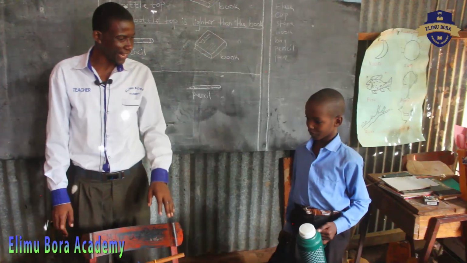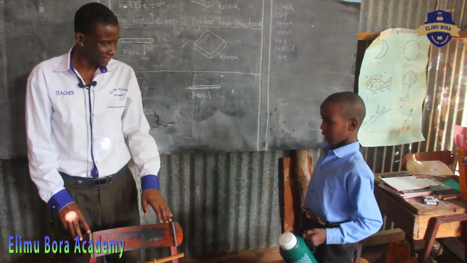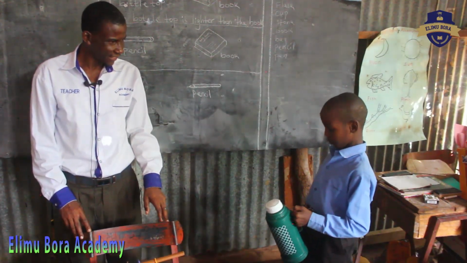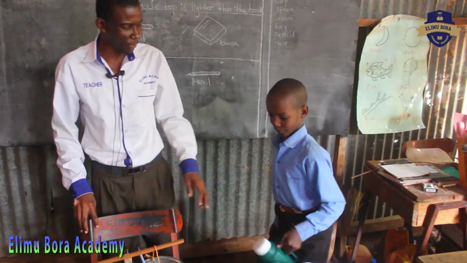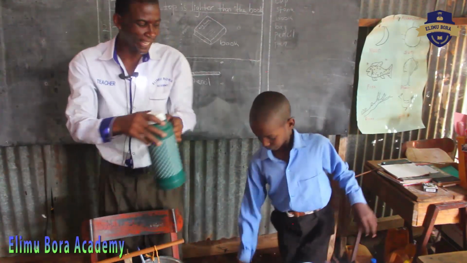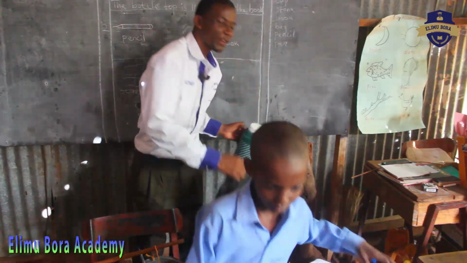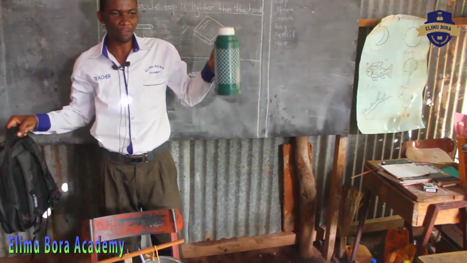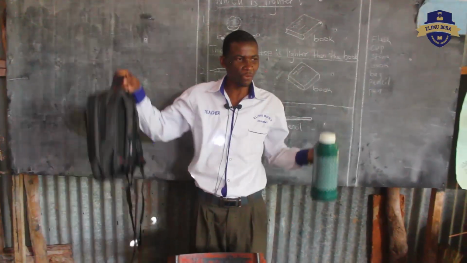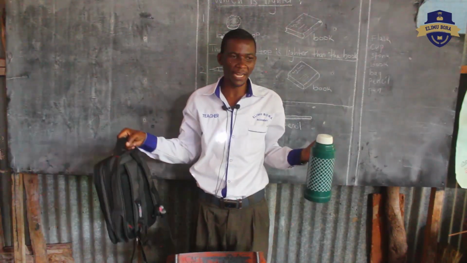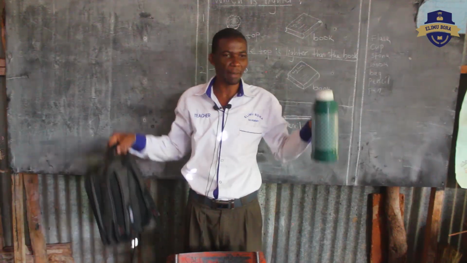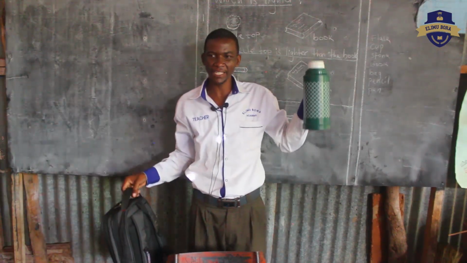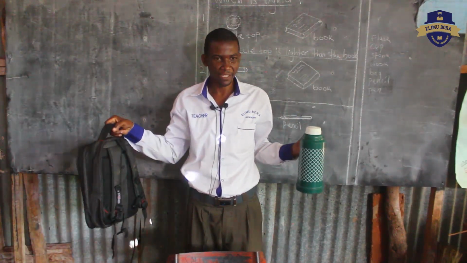Which one is lighter? Good. Can you clap for him? Now, we have our bag and we have the flask. If you compare it, you find out that the flask is lighter than the bag.